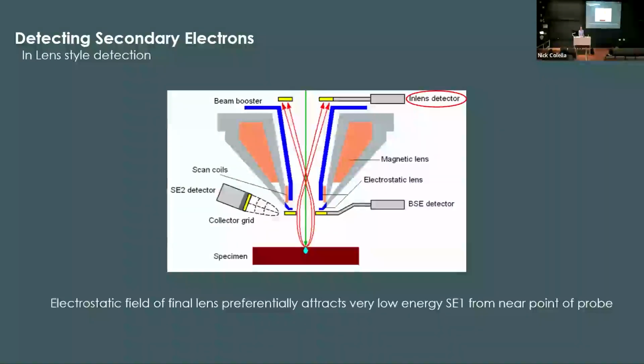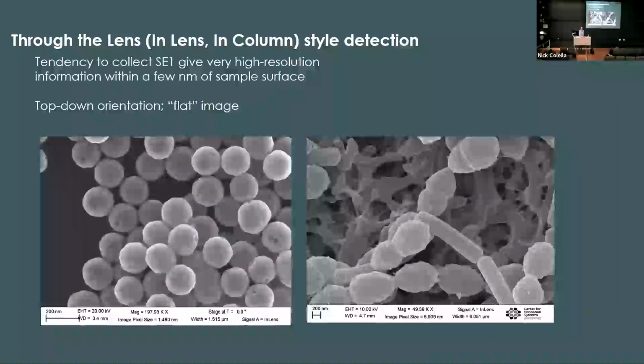There's another type of SE detector, which is called in-lens. As you might guess from the name, it's located above the sample inside the objective lens. And so that means it's sitting looking top down. So you lose some of that topography and shadowing that comes from being located in the chamber.